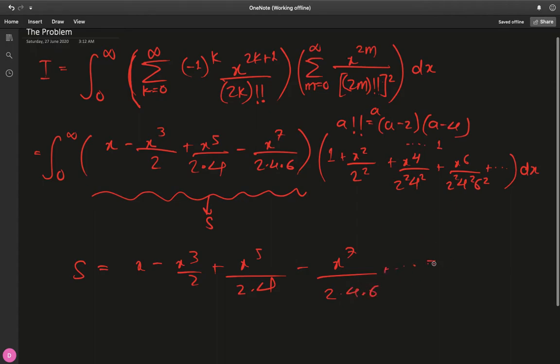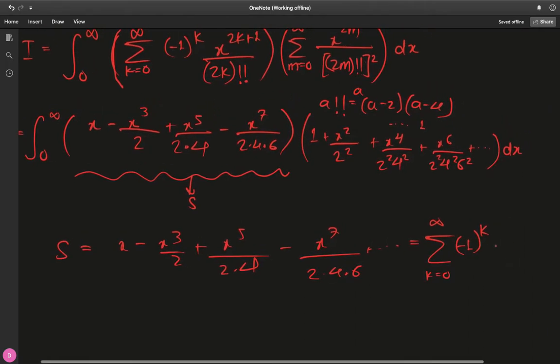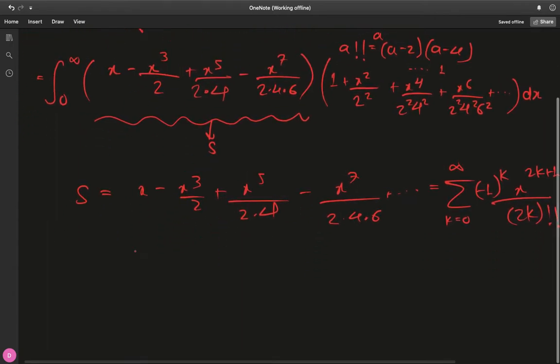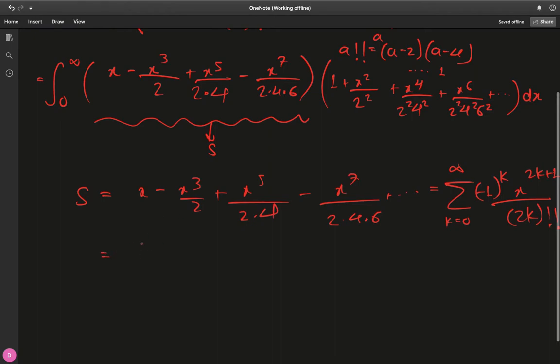And that goes on, which has a general form like we had in the start: the sum from k equals 0 to infinity of (-1)^k times x^(2k+1) divided by (2k)!!.